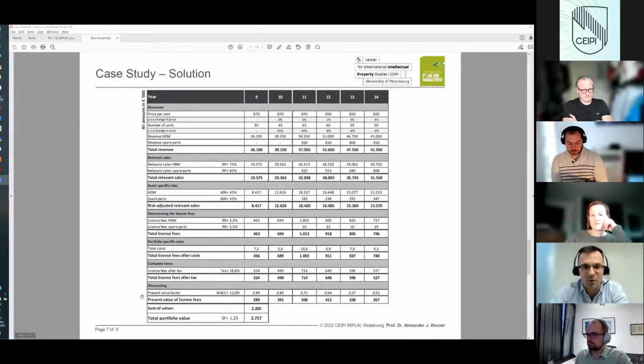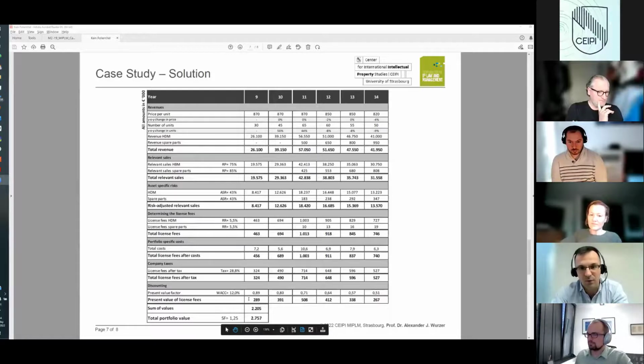As you can see, this factor decreases over time, so the present value of those license fees is corrected to a final amount of 289,000 for the first year and 267,000 for the last.